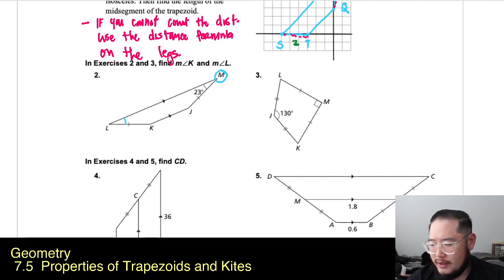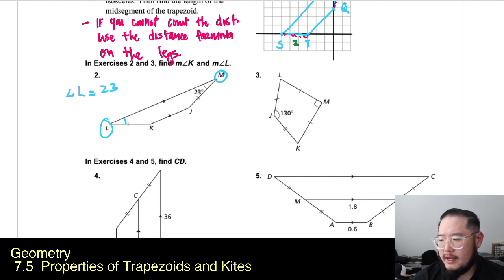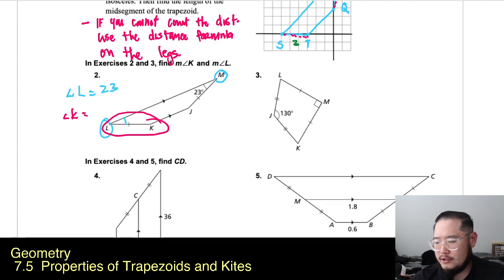So angle L right here is equal to 23 degrees. And next up, let's find angle K. Now with angle K, we have to remember that angles L and K right there happen to be consecutive interior angles, which means they add up to 180 degrees. So if I go ahead and make a calculation here, I'll make an equation, and hopefully you can think of what the equation will be.